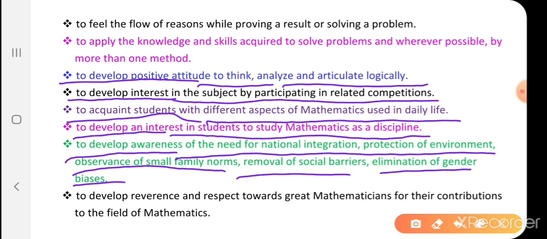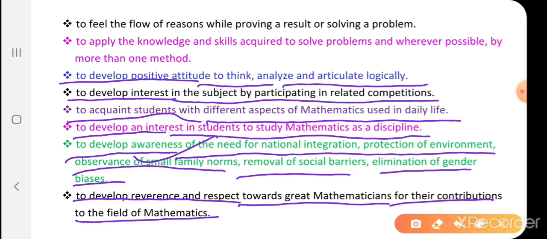These must be acquired when you are teaching mathematics. This is what our constitution or nation demands. To develop respect towards great mathematicians for their contribution to the field of mathematics, especially Indians, or you may include international mathematicians. We have to respect all.